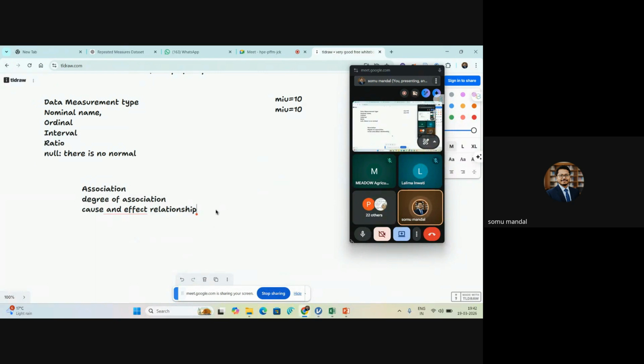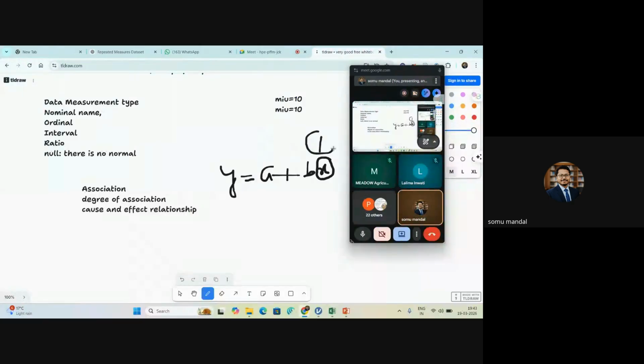In a simple regression, we consider Y equals a plus bx. Here x is one causal variable, the independent variable.